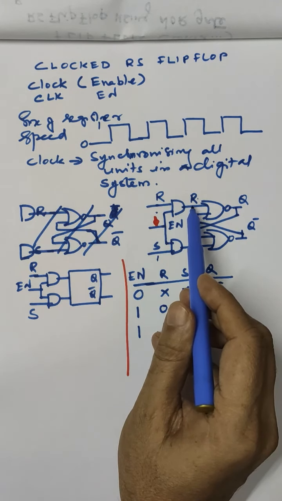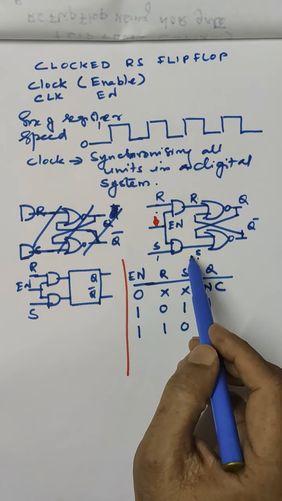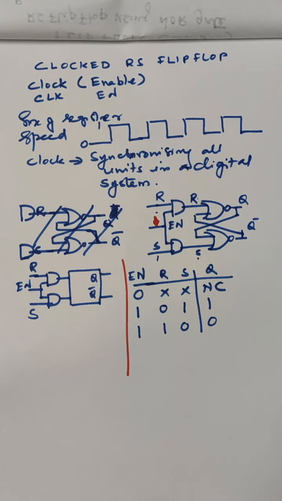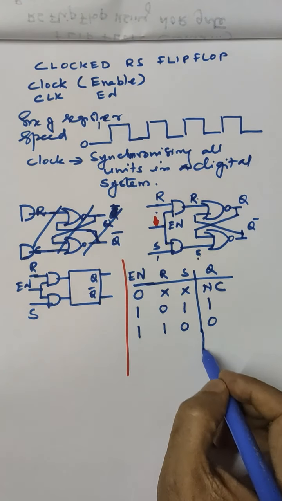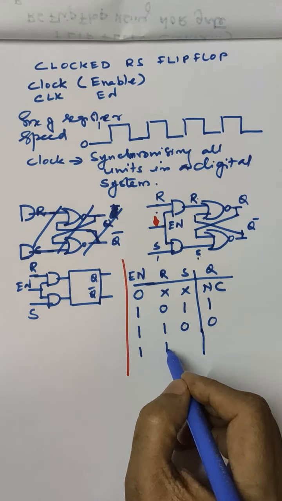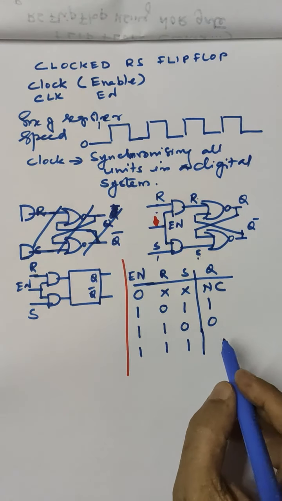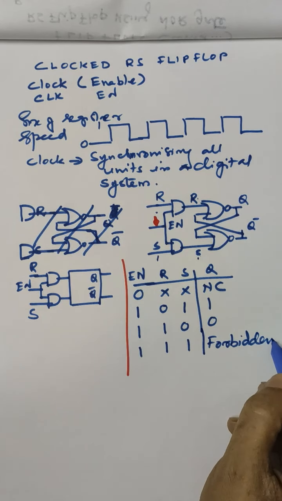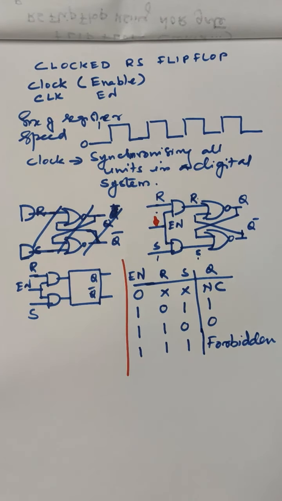So R is equal to 1 while S is equal to 0, so that this represents a reset condition. Now as usual, if both are 1, you can see it is a forbidden state. It's not allowed. So this is the working of a clocked RS flip-flop.